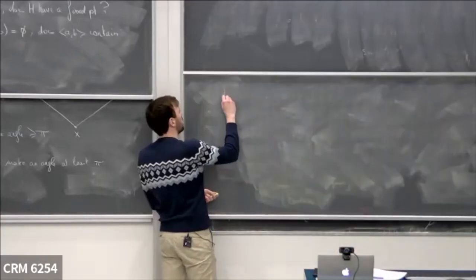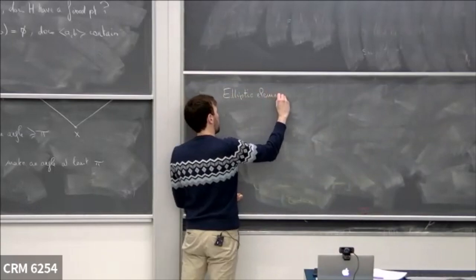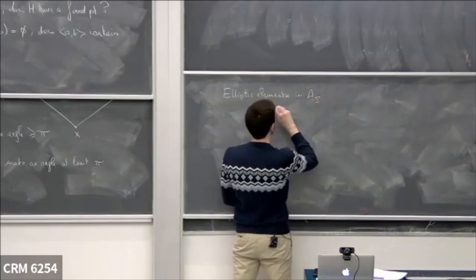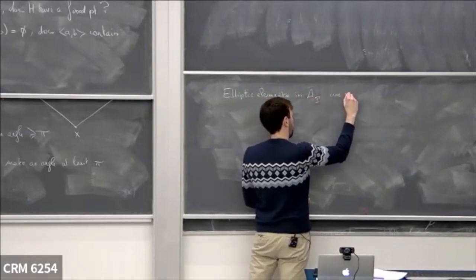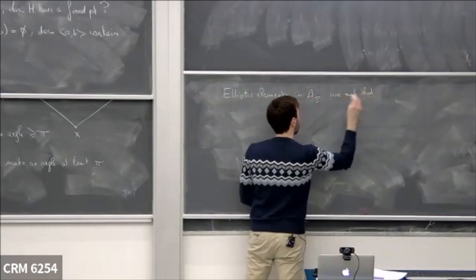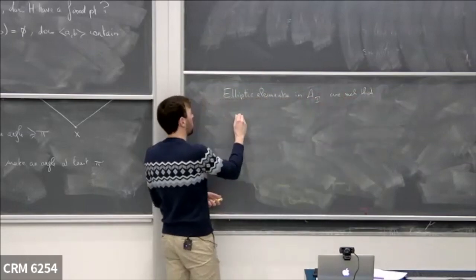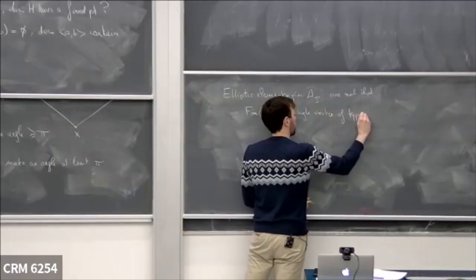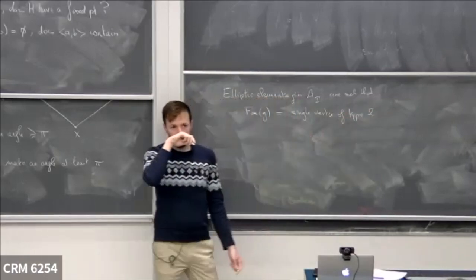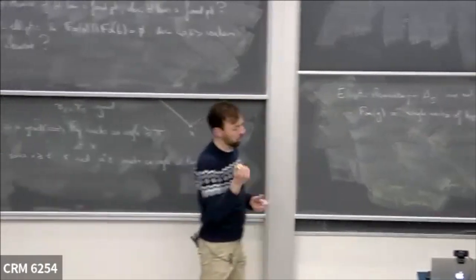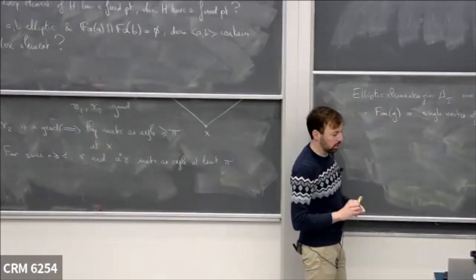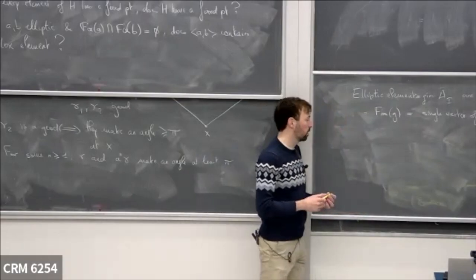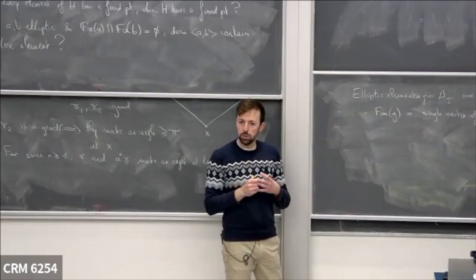So elliptic elements in A gamma: we have essentially two possibilities. The fixed point set is a single vertex of type 2. For instance, we'll see some examples in the exercise sheet for tomorrow, for Thursday. So that can happen, that the elliptic element has a fixed point set which is a single vertex.